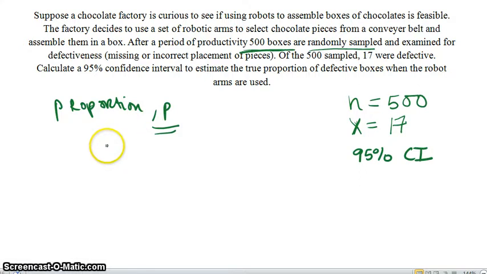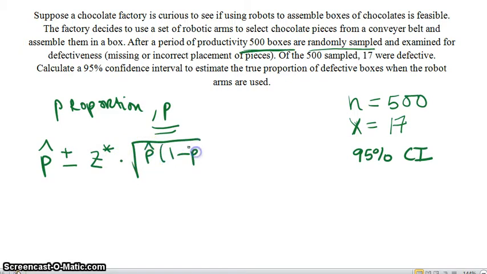To do this, we're going to use a Z procedure. The formula is p hat plus or minus a Z critical value times the standard error of our estimate, which is the square root of p hat times 1 minus p hat all over N, the sample size. Before we can calculate this, we should check some conditions.